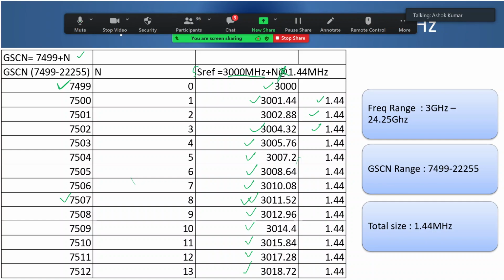So it will just communicate the GSCN number to the device, and the device will be able to calculate the exact frequency and latch onto the 5G base station. So GSCN numbers are used during the communication for various purposes. I hope it is clear to some extent.